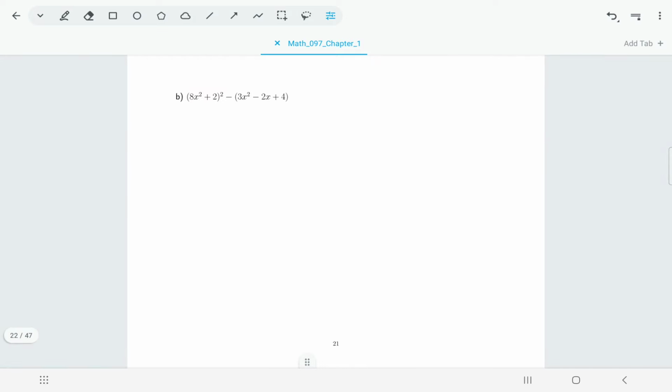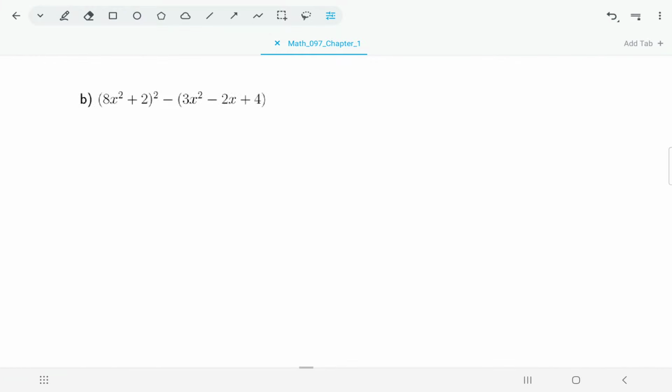Okay, so the next one up, this one involves a little bit of subtraction. You can see that we've got one polynomial subtracting another one. I'll deal with the subtraction later on, because for the first one, I have this 8x squared plus 2, squared.